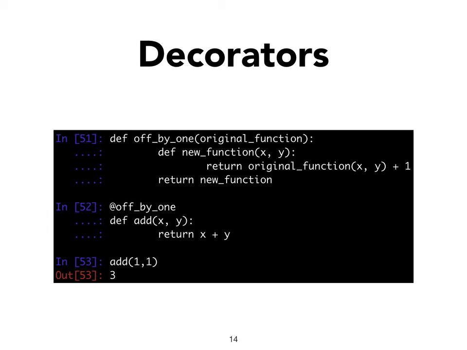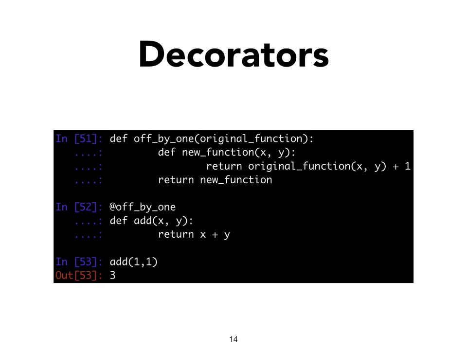So what I can do now is I can say, okay, I want to make a new function, I'll call it add. And add takes x and y, and then it returns their sum. So add is a pretty simple function. But what I can do then is I can say, every time I want to run the add function, I want it to be off by 1. So what I do is that I put this symbol, off by 1, just above the definition of the add function.